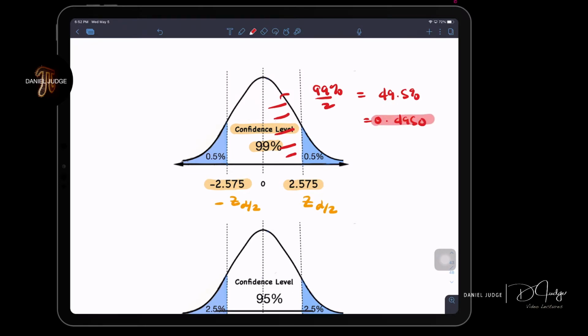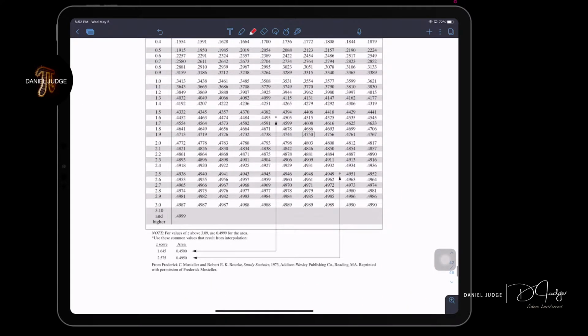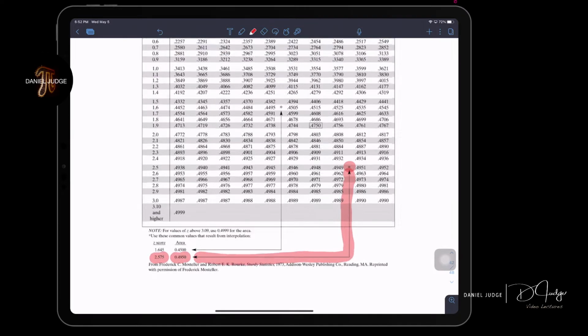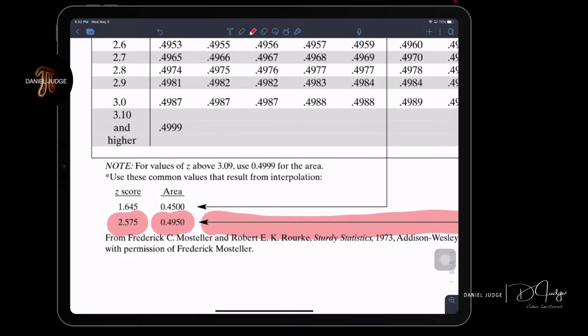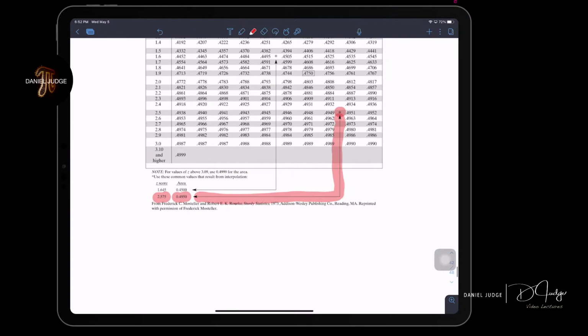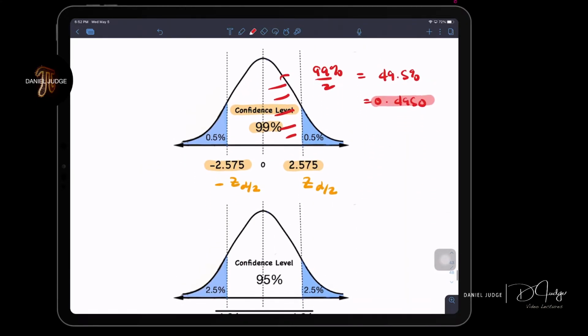You found this in the past by using the Z table and working backwards. 4950 is here, and here's that Z value. I'm not going to go through all of that detail again since we've done it before, but this is the Z alpha over 2 value associated with the 99% confidence level.